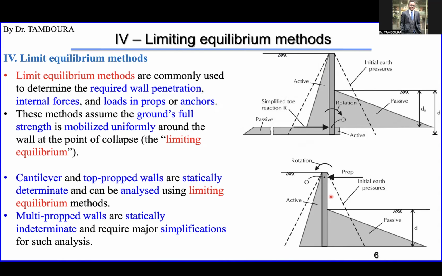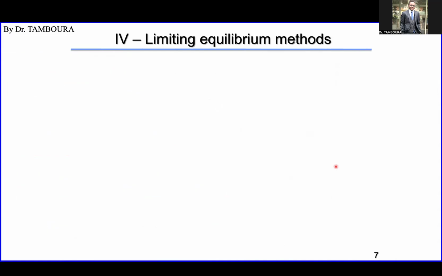This means if you have only, for example, this one support at the top, it's possible to use limiting equilibrium to analyze this. But if you have several supports at several positions, then you need a lot of simplification to be able to analyze it. Otherwise, it's not advised to use static limit equilibrium.